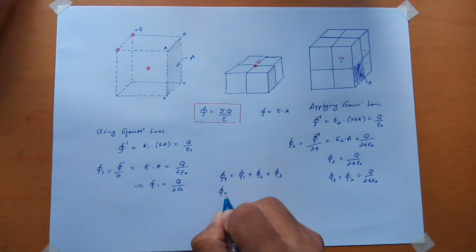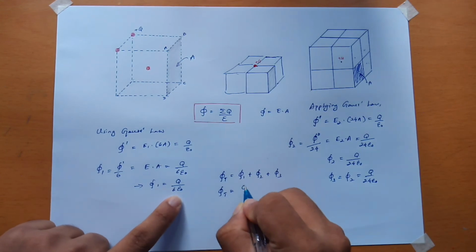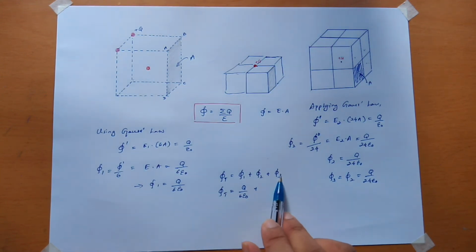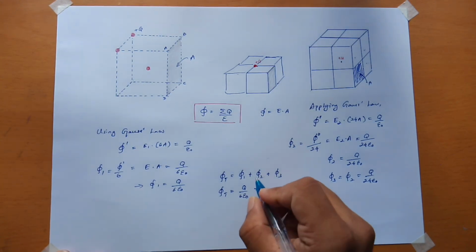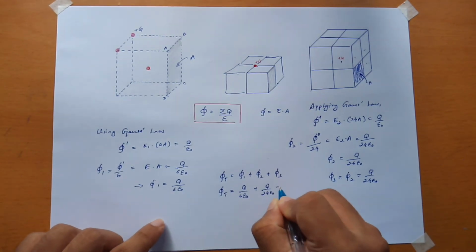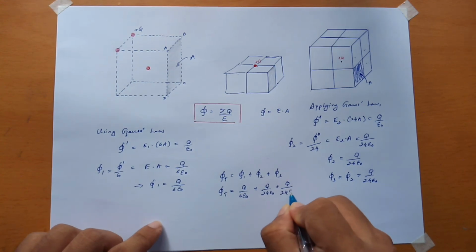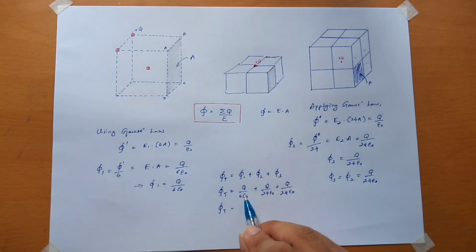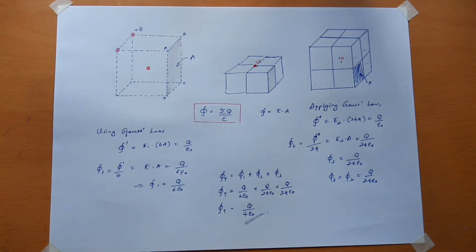Now I can write psi t equals psi 1, which is q over 6 epsilon naught, plus, since these two are the same, 2 times psi 2, which is q over 24 epsilon naught plus q over 24 epsilon naught. If we simplify this by taking the common denominator, 24, 6 comes, we get q over 4 epsilon naught, which is the answer that we are required to calculate.